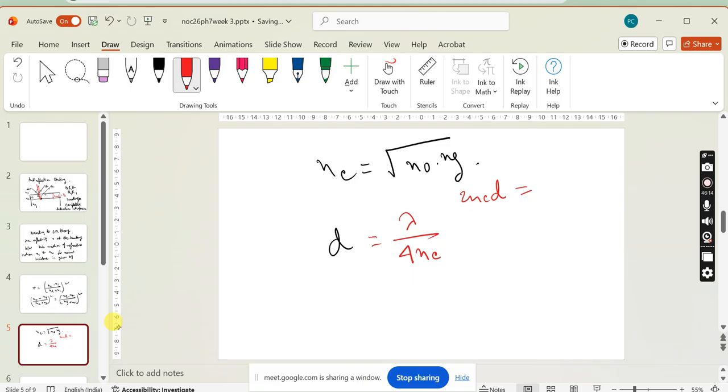That is why the thickness d should be lambda by 4 NC.